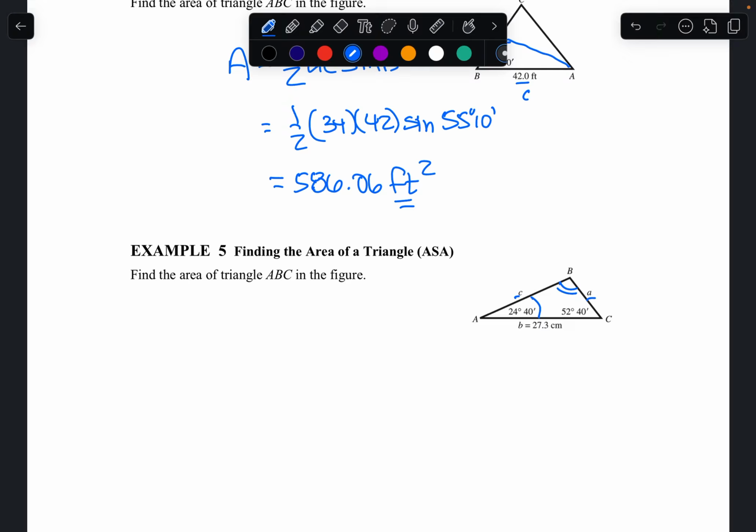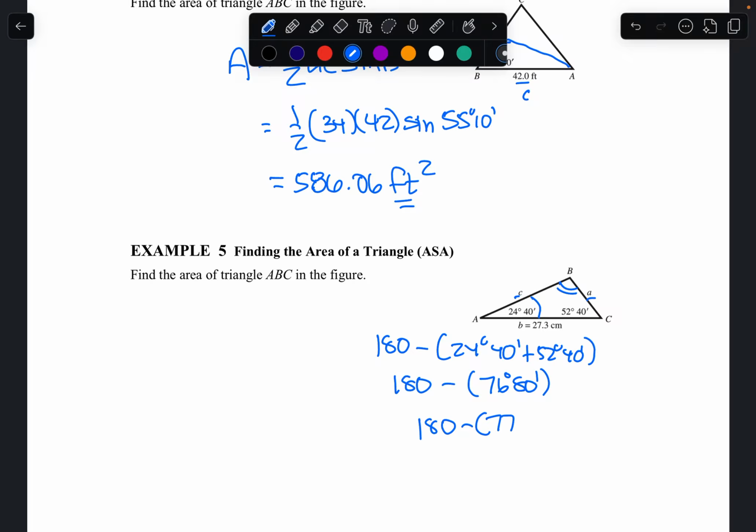So angle B would be 180 minus the sum of 24 degrees, 40 minutes, plus 52 degrees, 40 minutes. 52 plus 24 is 76 degrees, and 40 plus 40 is 80 minutes. So 76 degrees, 80 minutes. But of course, we wouldn't leave it that way.